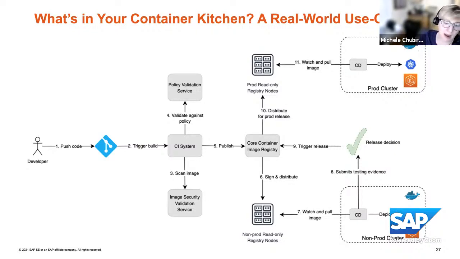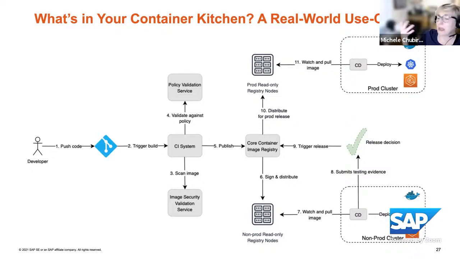Maybe you have residency requirements, or you want to check licensing and that's not part of your security validation, or you don't want to use certain tools or certain versions of something, or you want to check the versioning of the container to make sure that you're following a semantic versioning standard used by your organization.